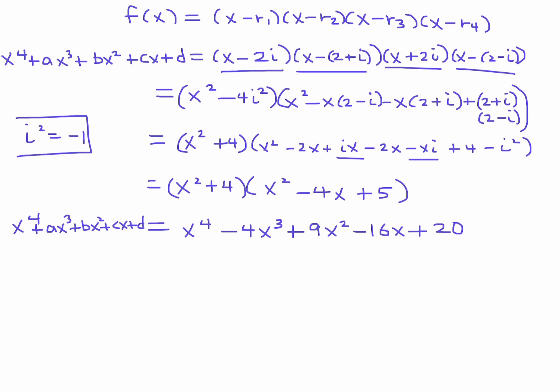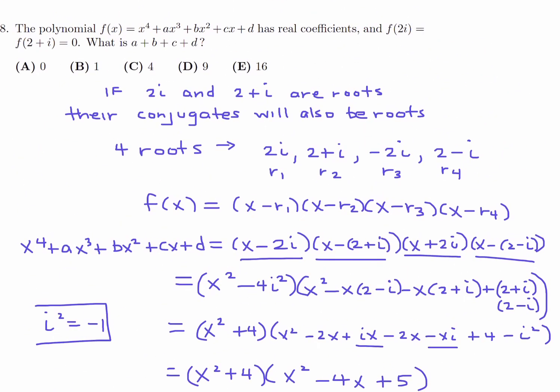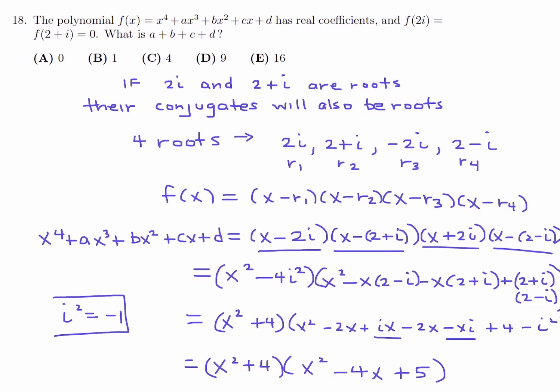So now we match coefficients, and we get a is equal to negative 4, b is equal to 9, c is equal to minus 16, and d is equal to 20. And if I add all those up, the sum is 9. So the answer to number 18 is D.